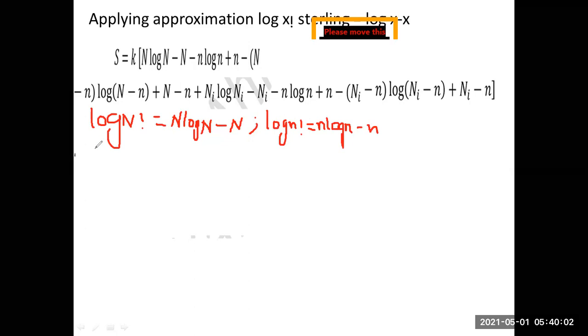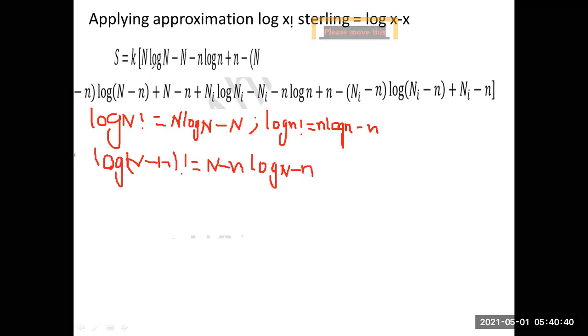So what is remaining here? Next one is log of capital N minus n, close the bracket, factorial, which is equal to capital N minus small n log of capital N minus small n, then minus capital N minus small n. So if you put it in brackets, minus n into minus is plus.